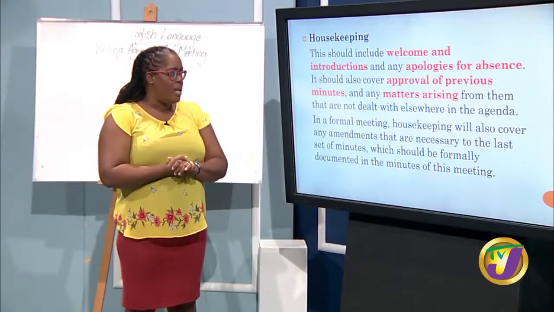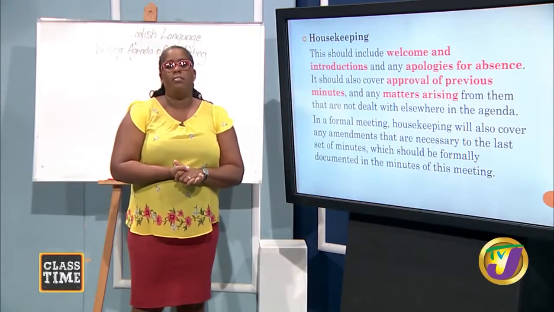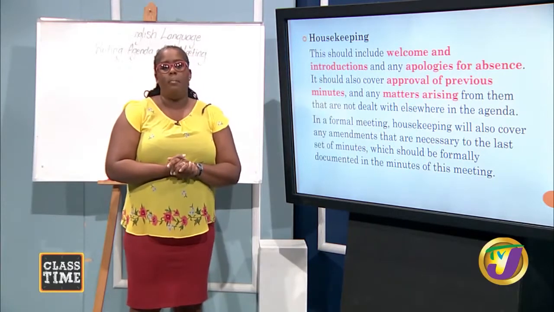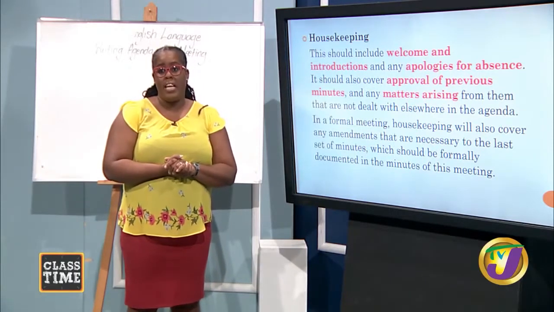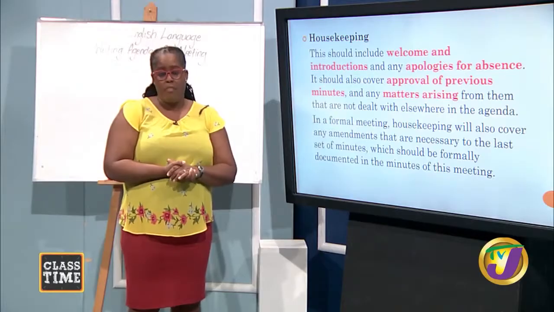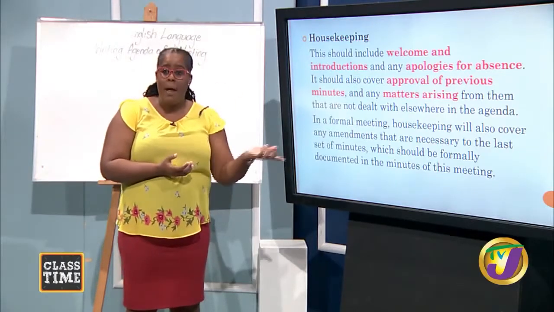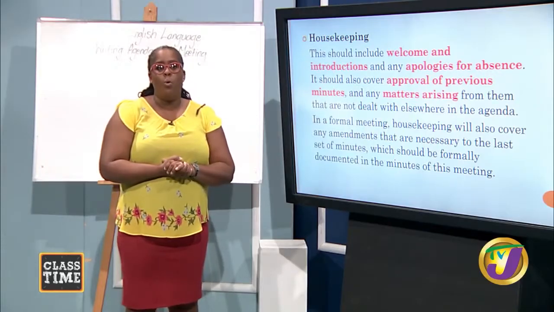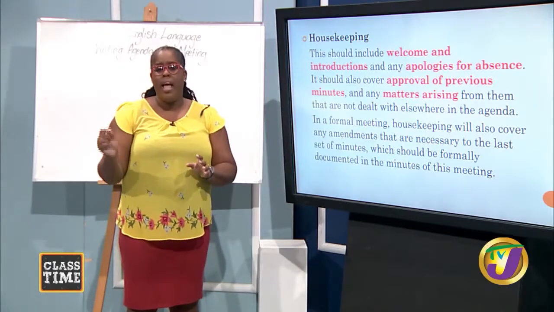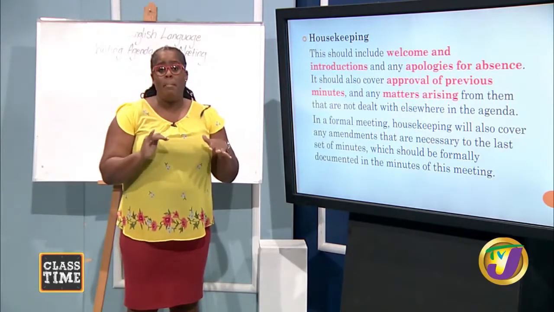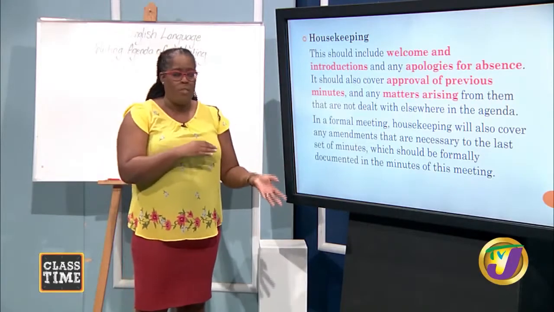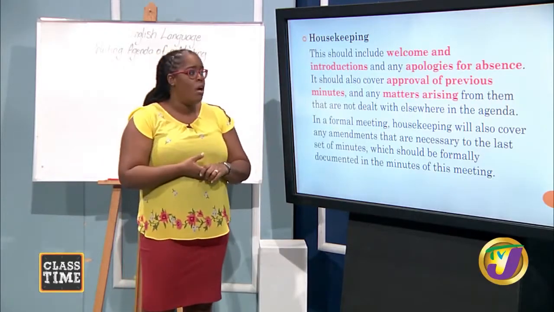Approval of previous minutes. This is very important because the minutes of a meeting should be shared with the attendees, right, or with the staff members, right? And the persons who were at that meeting would know, okay, this was not said, and so amendments could be made to the minutes of the previous meeting. So this is very important, right?